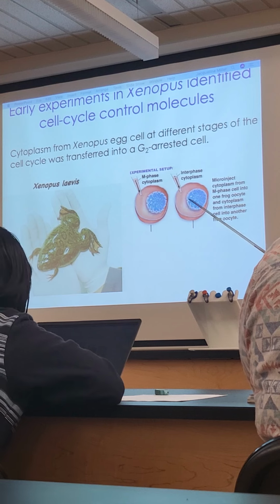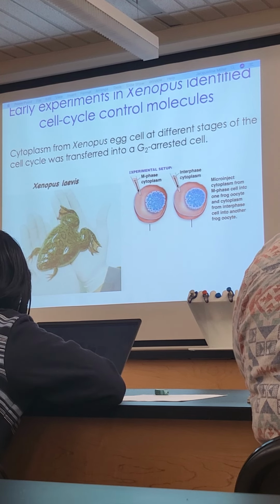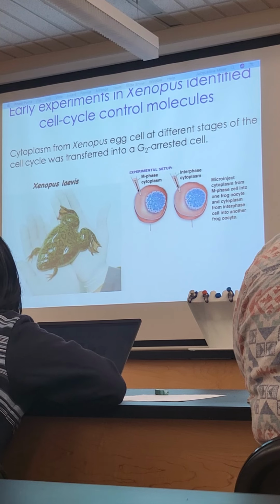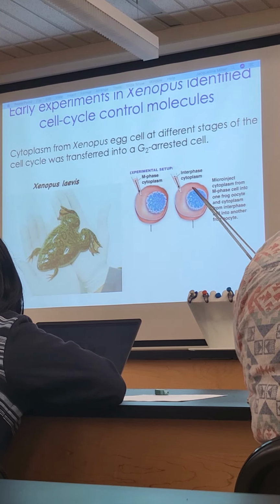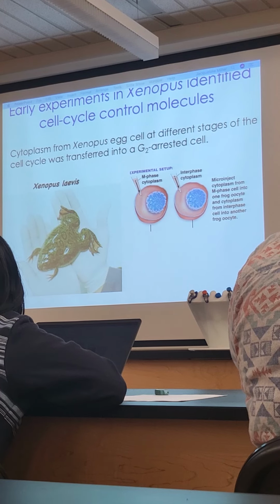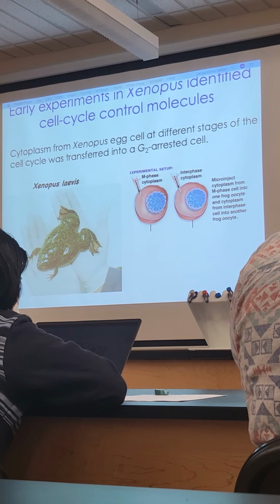Anybody have any predictions based on the cell fusion? What would happen? It would force it to go into mitosis. Yeah, so which one, this one or this one? What do you think? The interphase one? Yeah, so let's see what they found when they did this.